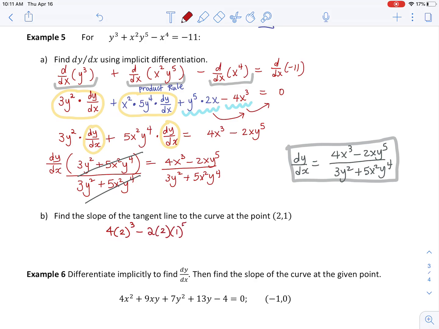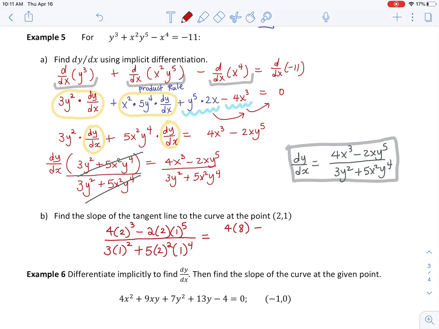So that's going to be 4 times 2 cubed minus 2 times 2 times 1 to the 5th power, all over 3 times 1 squared plus 5 times 2 squared times 1 to the 4th power.